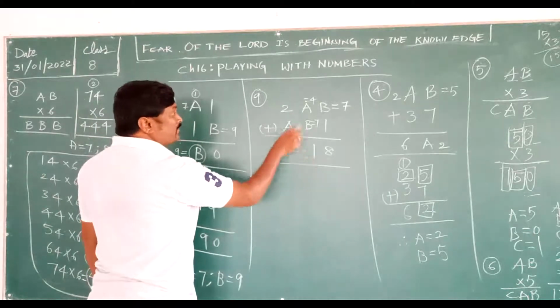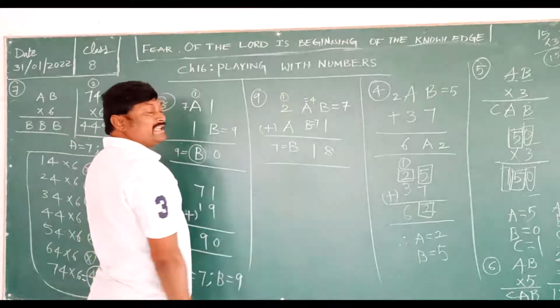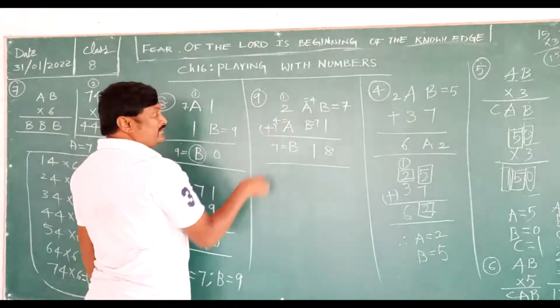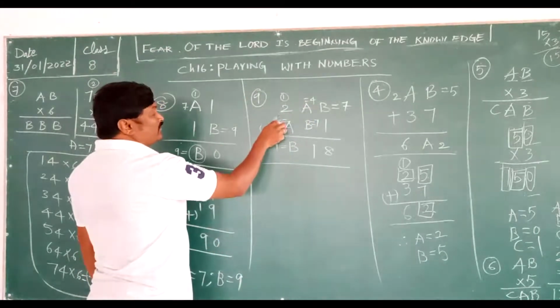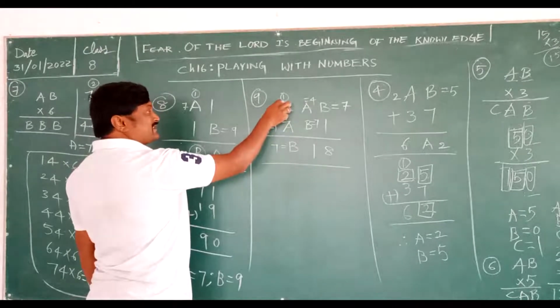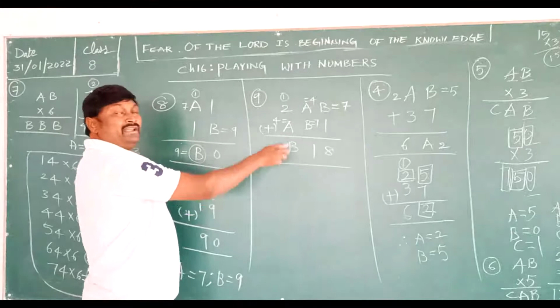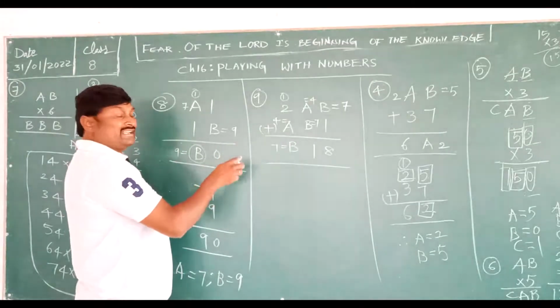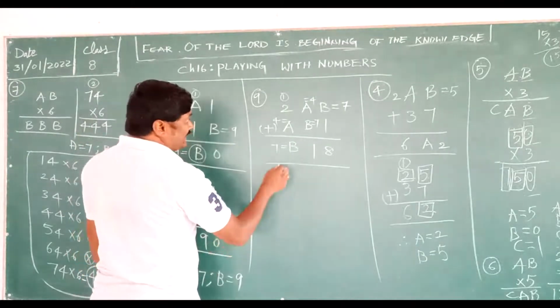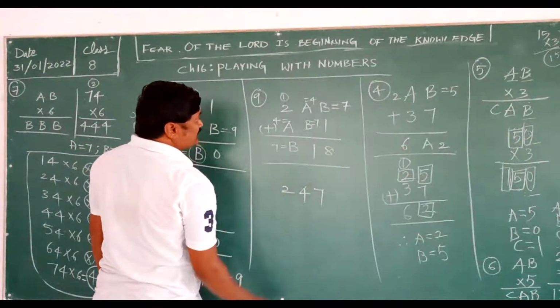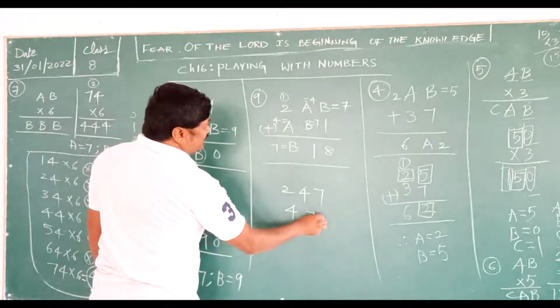So then 1 should be here. 1 is going to be carried. If this is 4 and this A also should be 4, then add that. 4 plus 2, 6. 6 plus 1, 7. You are getting the answer. So in that way you have to think and write. So at last again I'll write this part. So it is 2, 4, 7 and 4, 7, 1.